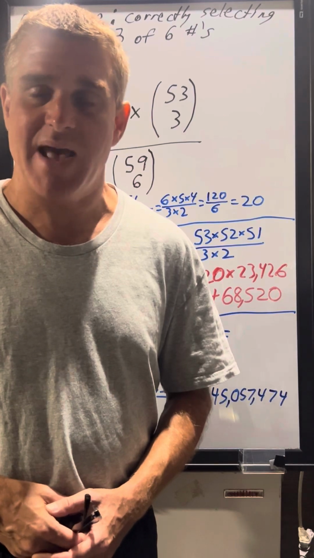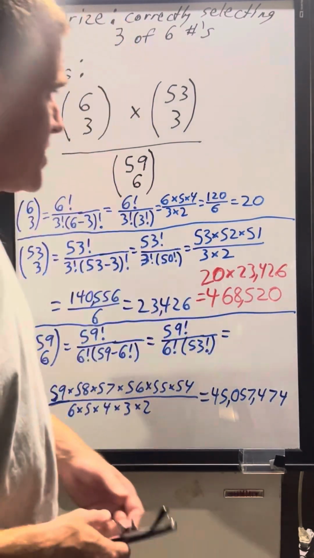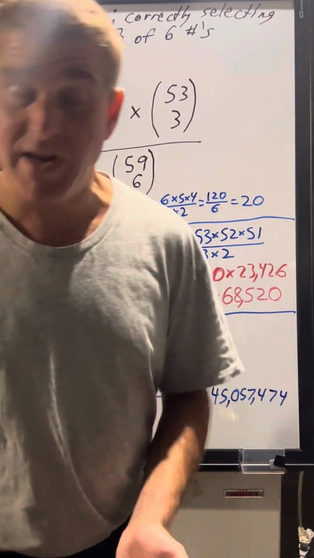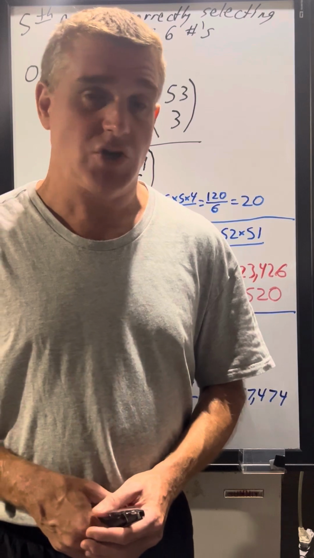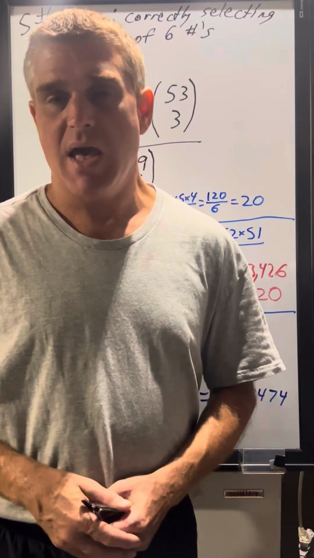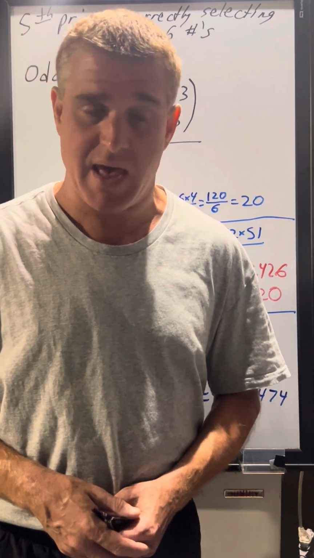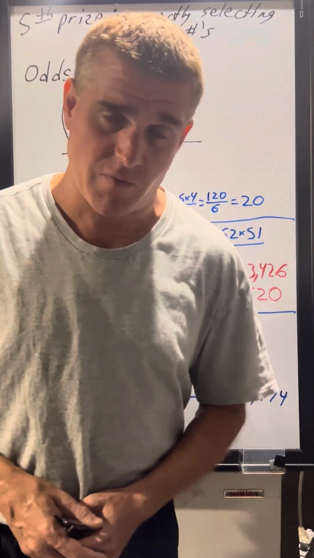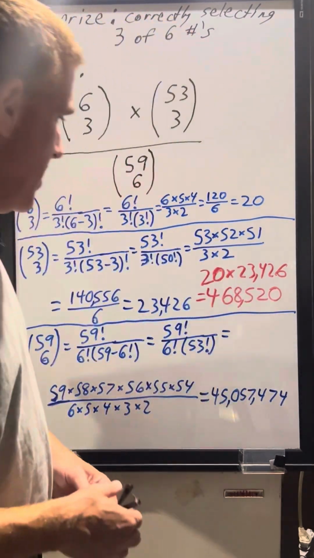Or, how many different outcomes are there that three numbers can be selected from the 53 numbers left over, because there's 59 numbers in total in each game, and so six are accounted for, and so there's 53 left over. So how many different ways can you select three from those 53?